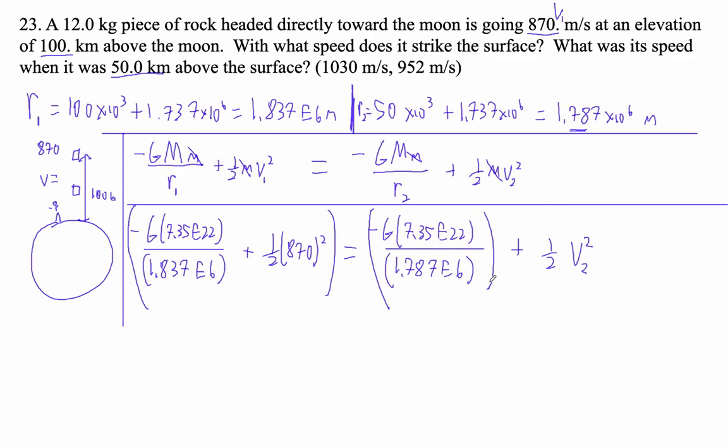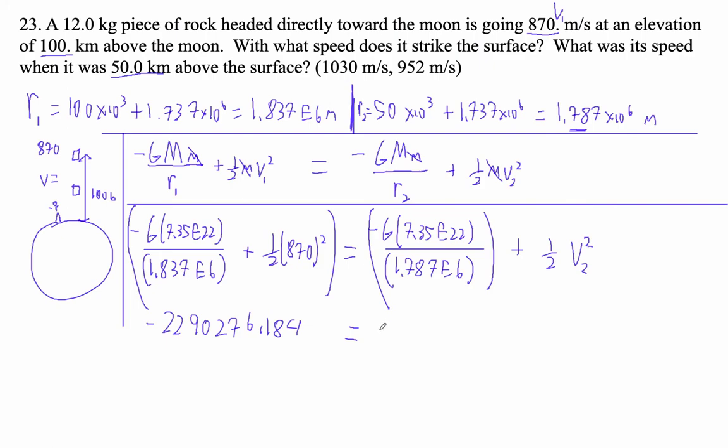Okay, so G times 7.35 over this plus 1/2 that. This is minus 2290276.184. And then this one is minus G times 7.35 E22 over 1.787 E6.